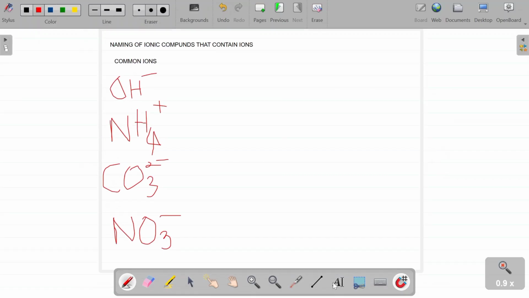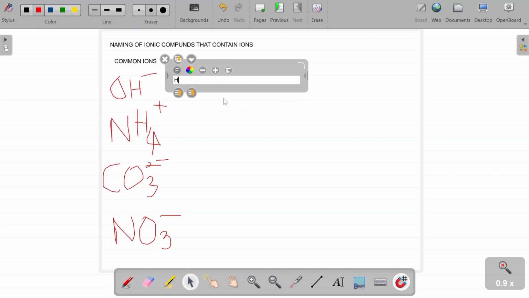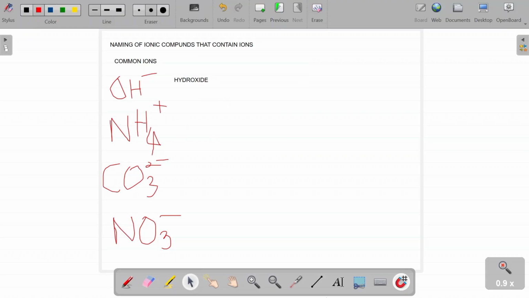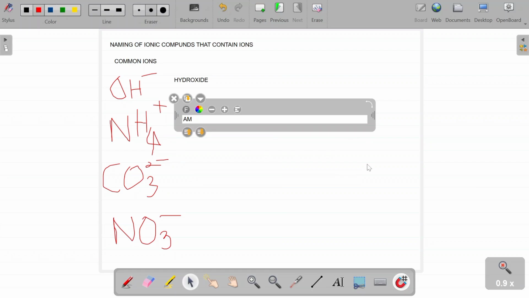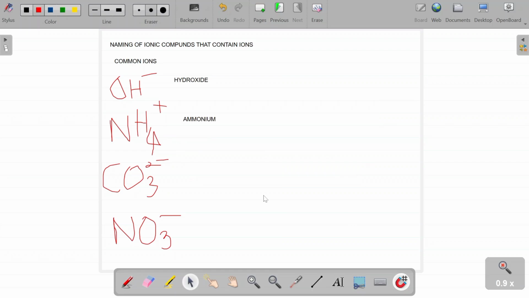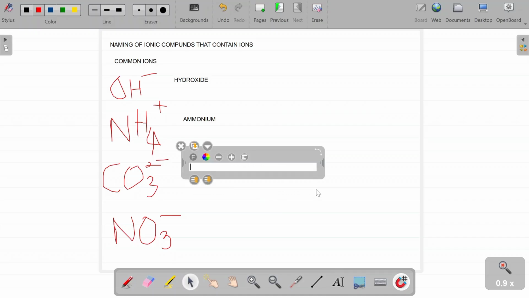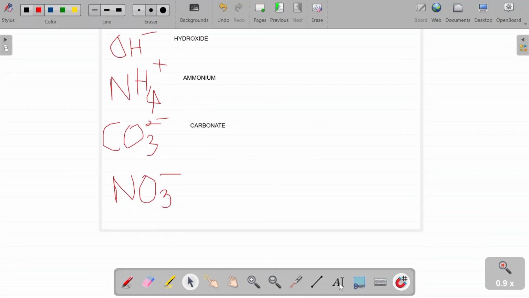Okay. So let me give the names of these common ions. This OH minus, we call it hydroxide. This one here, NH4 plus, we call it ammonium. This one, CO3 2 minus, we call it carbonate. And this last one, we call it nitrate.